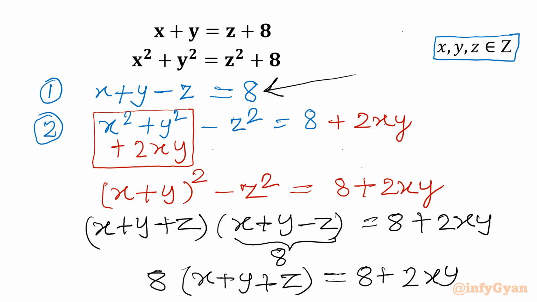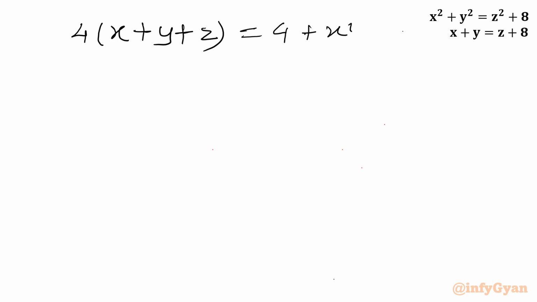So I will write 4 times x plus y plus z equal to 4 plus xy. Now from equation 1, I can write z will be equal to x plus y minus 8.